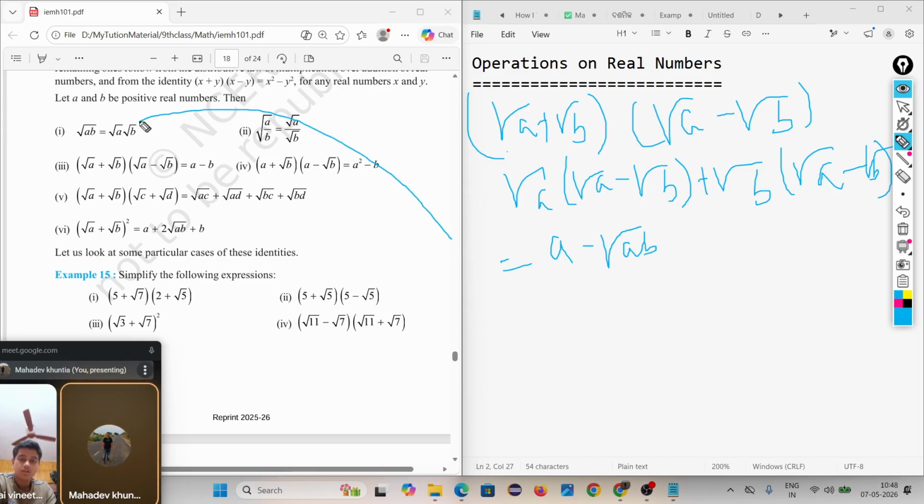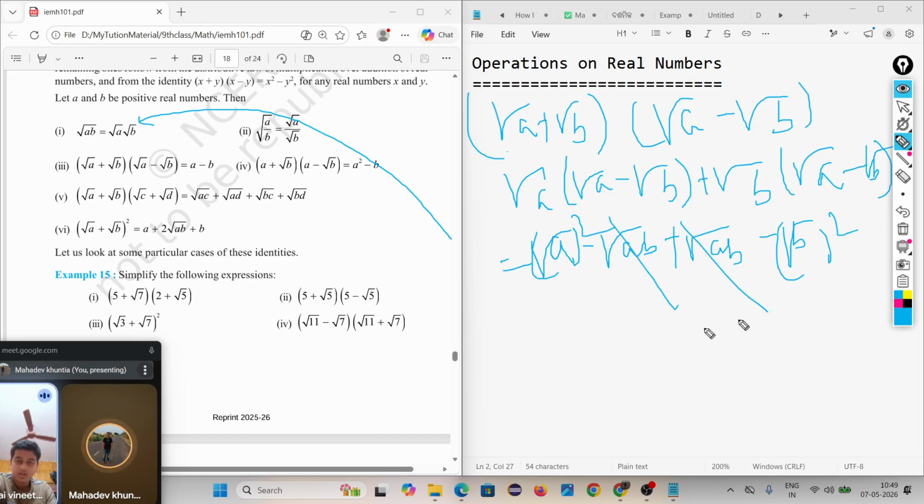Plus root B root A, root AB. Minus root B square means B. Root AB minus root AB cancel. So root A square minus root B square means A minus B.